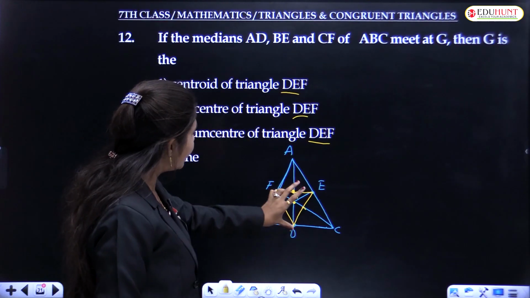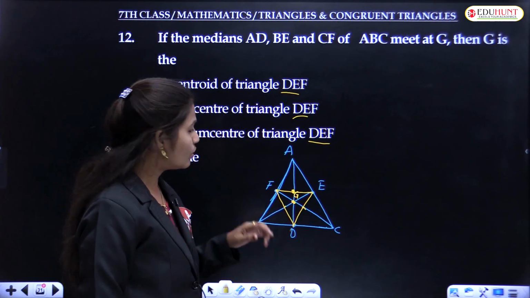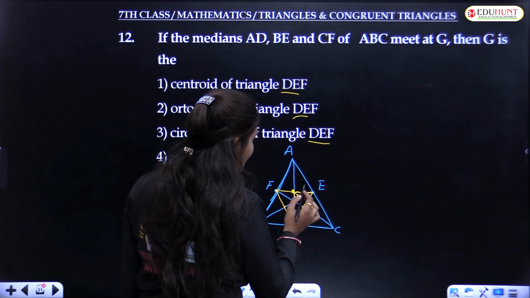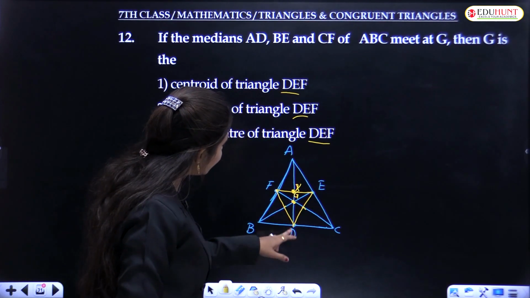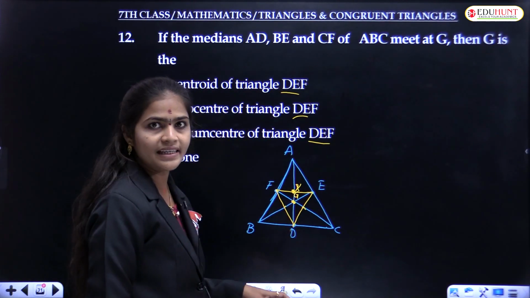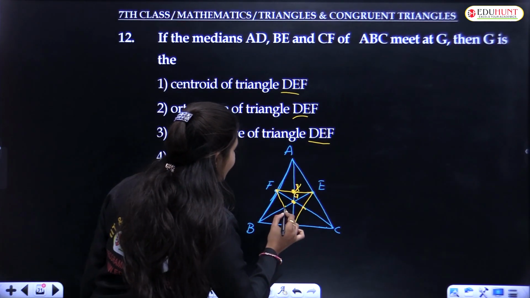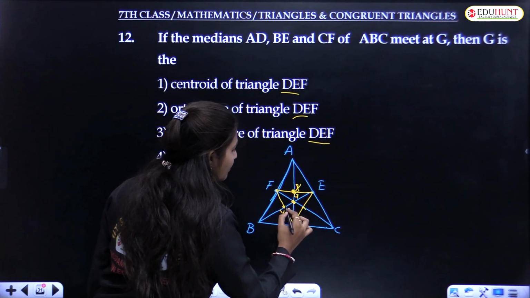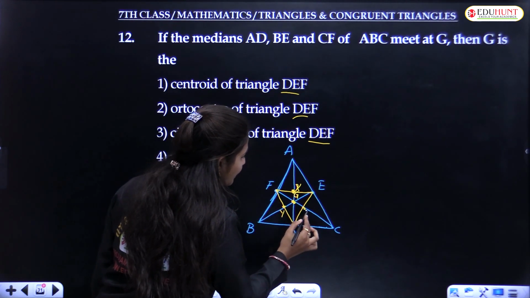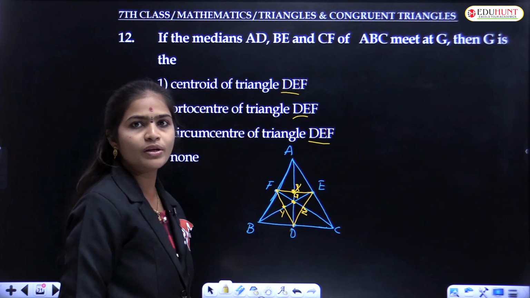AD passes through this median. For example, if you take this point as X, then X and D is also one of the medians. In the same way, here this is Y, so E and Y is one of the medians, and F and Z is also one of the medians.